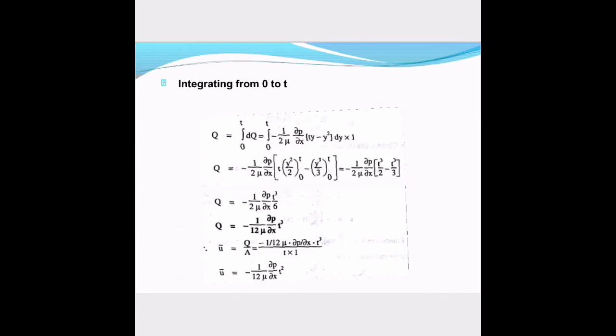You already know, in equation 3 you have got velocity u. So put that equation and multiply with the area of the strip, which will be dy into 1. So, dq will be minus 1 by 2 mu del p by del x (ty minus y square) into dy into 1.